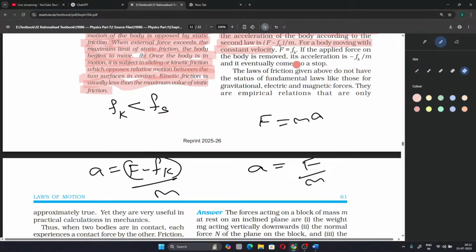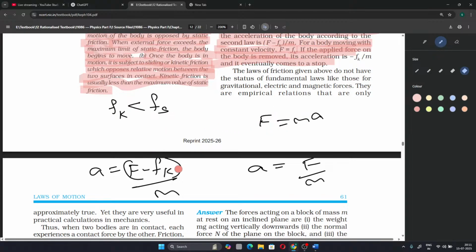And if the body is moving with constant velocity, then the frictional force is equal to the applied force. If the applied force on the body is removed, its acceleration is minus Fk by m, and it eventually comes to a stop. Basically, they gave two more pieces of information.